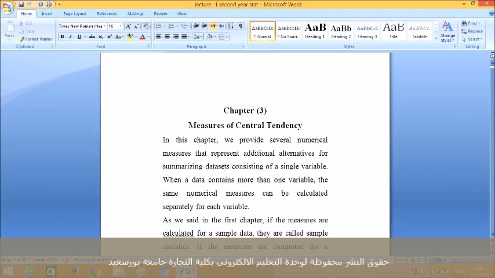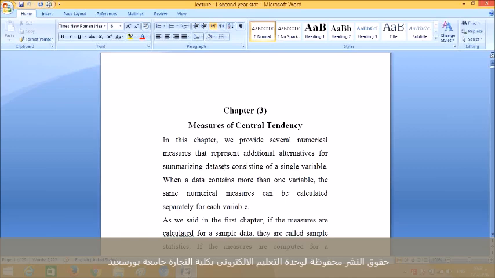So, in addition to the 2 types of summarizing the data we explained before, tables or graphs, there are many measures to represent a data summary. One of these measures is called measures of central tendency, which is the third method of summarizing a data set.